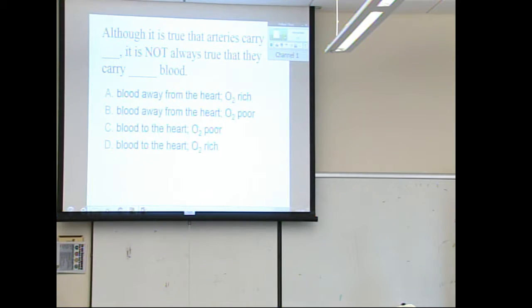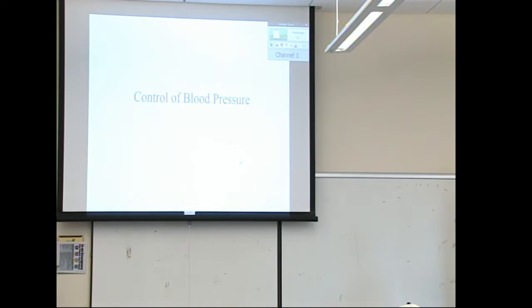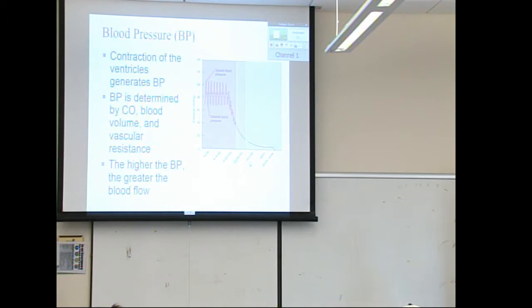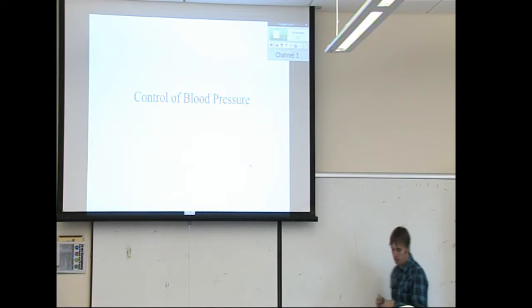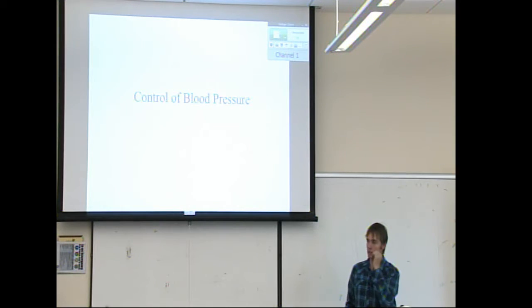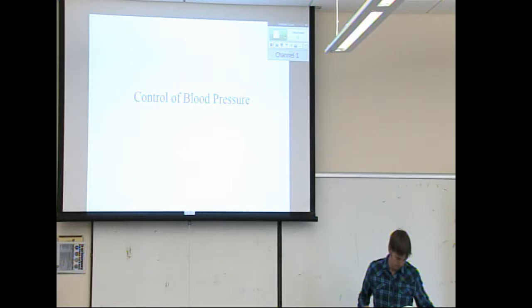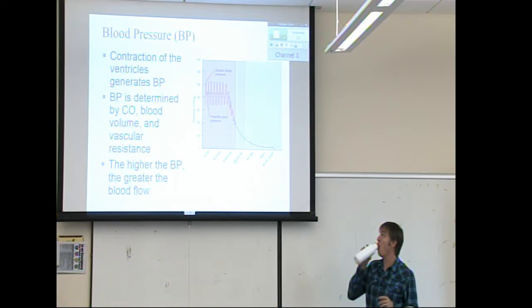Because it's heading to the lungs to get oxygen, so it's full of low oxygen blood. All right. So as I mentioned, we're spending most of this chapter just talking about blood pressure, rather than talking all about the anatomy of veins and stuff. I think blood pressure is more interesting.